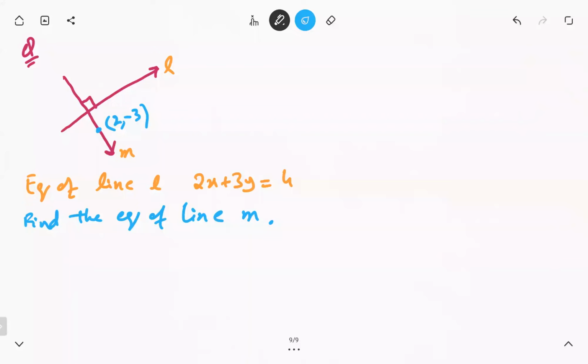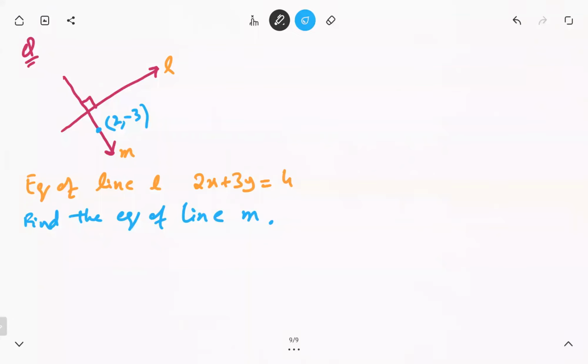So we can take the help of the gradient from the other line, because both the lines are perpendicular. We know the gradients of both lines are negative reciprocals of each other. If one line has a gradient 1/3, then the line perpendicular to it will have -3. Sign change and reciprocal. If one line has a gradient 2/3, then the line perpendicular to that will have -3/2. And I think we did 7-8 practice questions yesterday too.